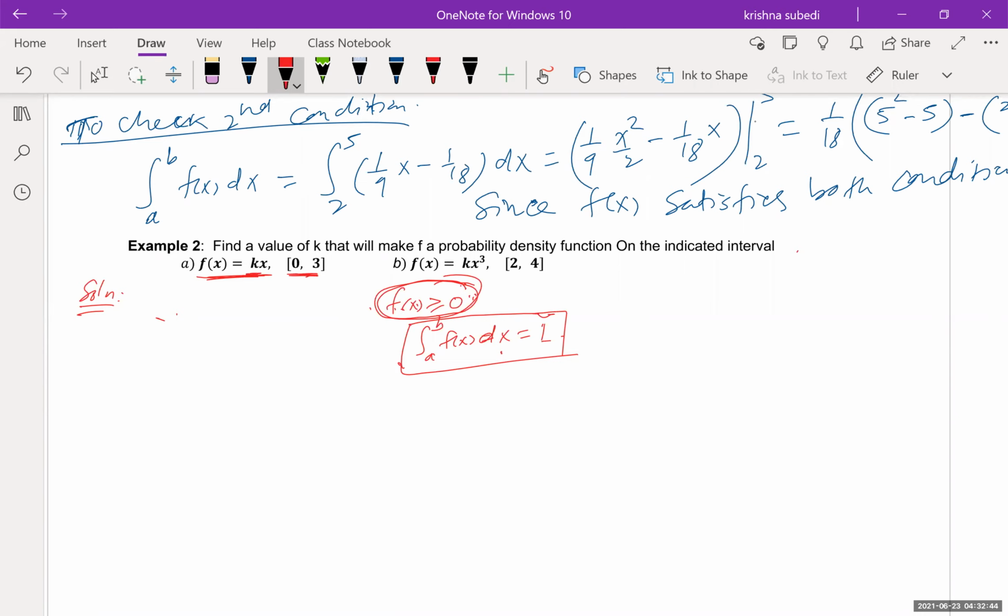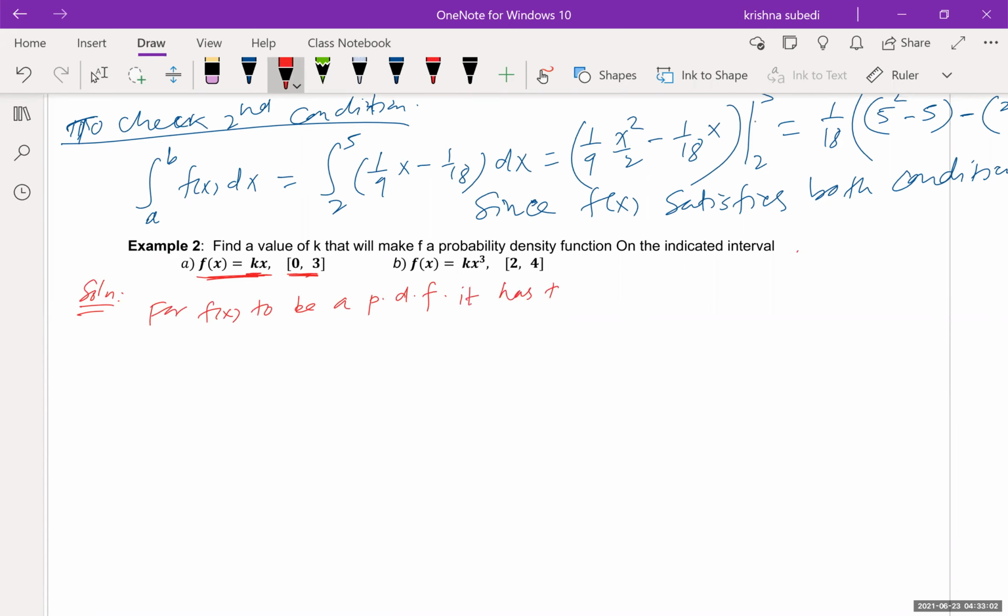So for f of x to be a PDF, it has to satisfy two conditions. Condition one is the integral from a to b of f of x dx equals 1.